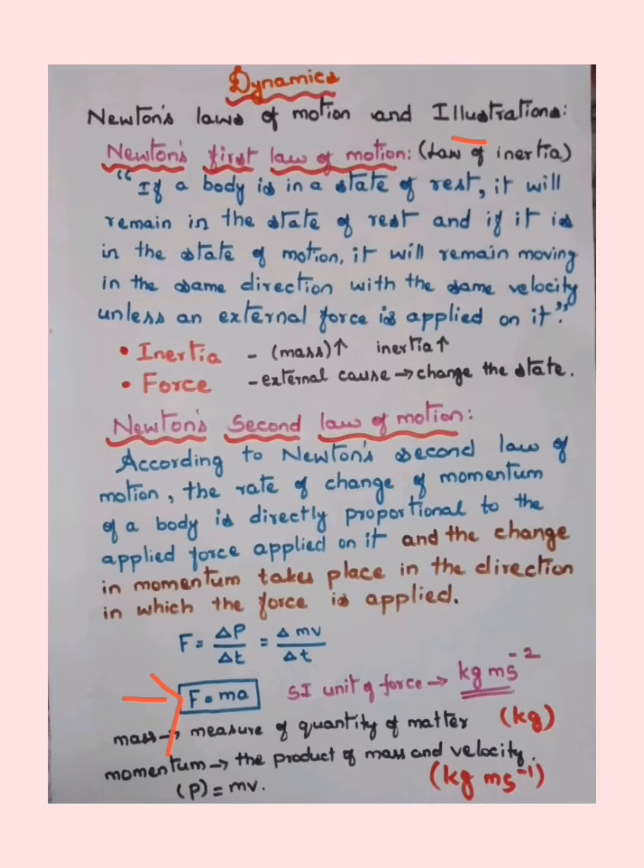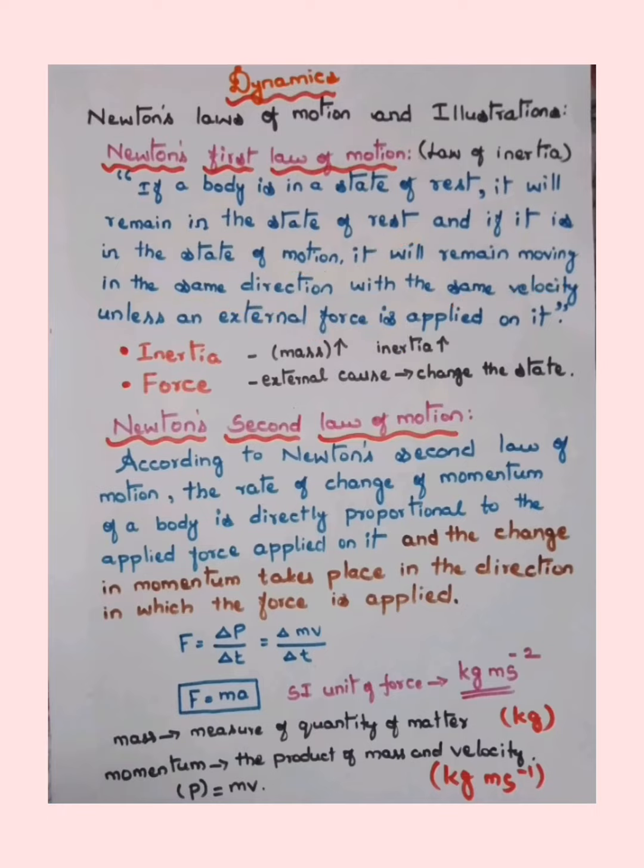Okay, let's see Newton's first law of motion now. If a body is in a state of rest, it will remain in a state of rest, and if it is in a state of motion, it will remain moving in the same direction with the same velocity, unless and until an external force is applied on it.